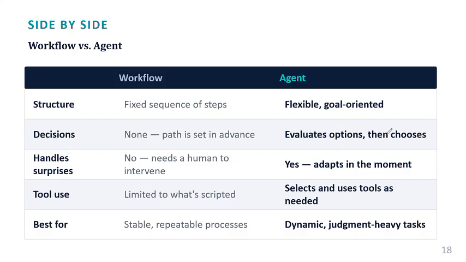Or you can say the tools they use are predefined. Whereas agents select and use tools as available or as needed. They look for the best tool to get the job done. Agents are very dynamic, and they can be used for dynamic, judgment-heavy tasks. Whereas workflows are stable, and they are very useful for repetitive tasks.